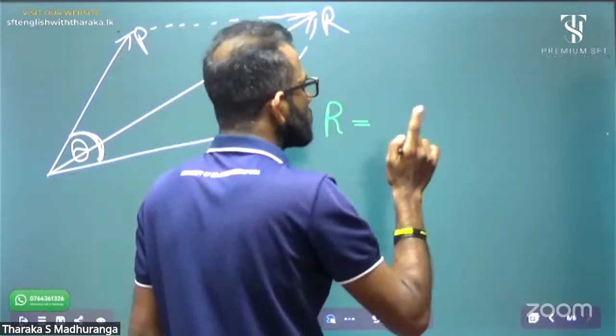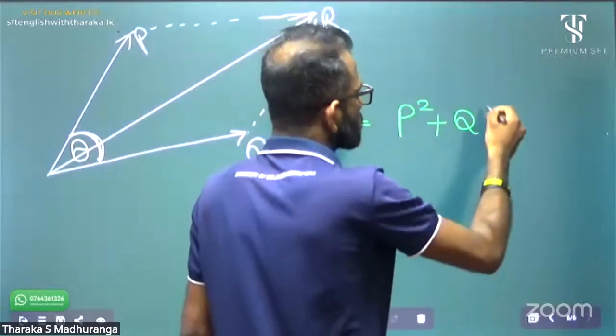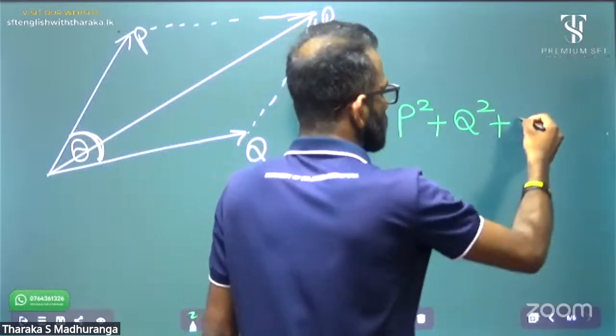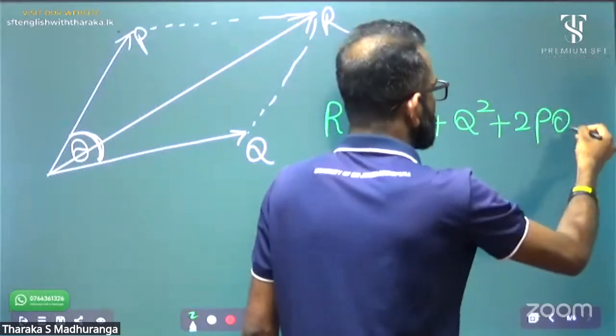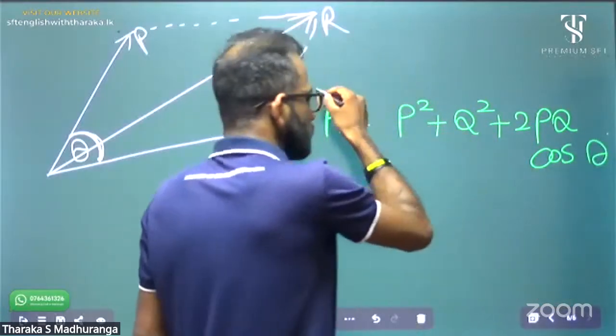You have to remember this equation: P squared plus Q squared plus 2PQ cos theta. This is the R equation.